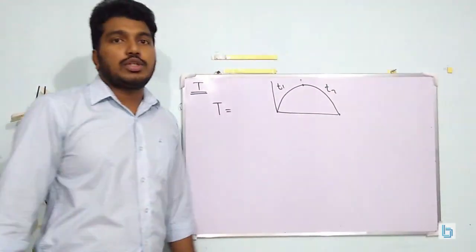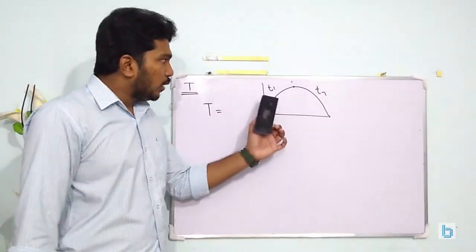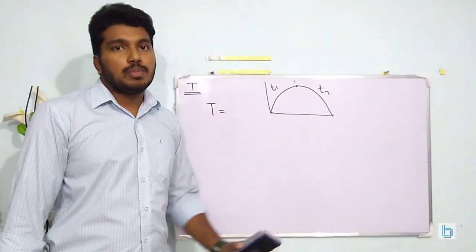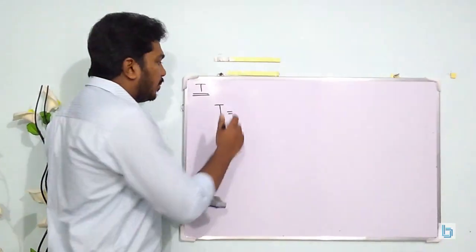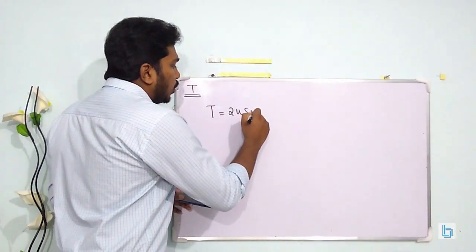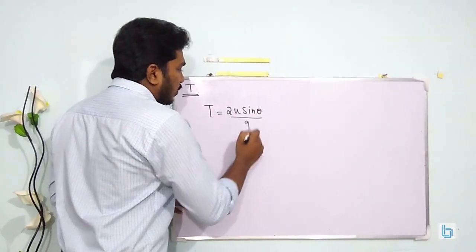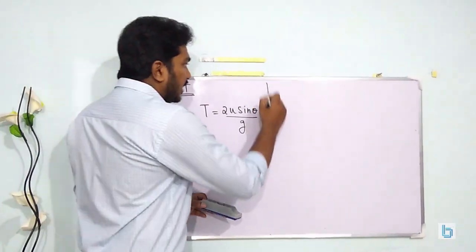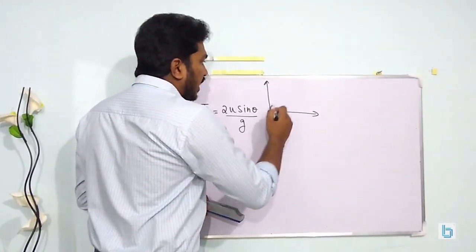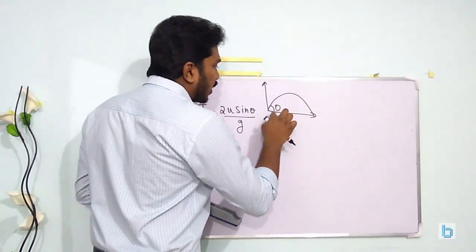T1 will be equal to T2. Please remember that. Right? So we can say that the time of flight is 2u sine theta by g. And this is when we are taking the angle theta with respect to the horizontal.